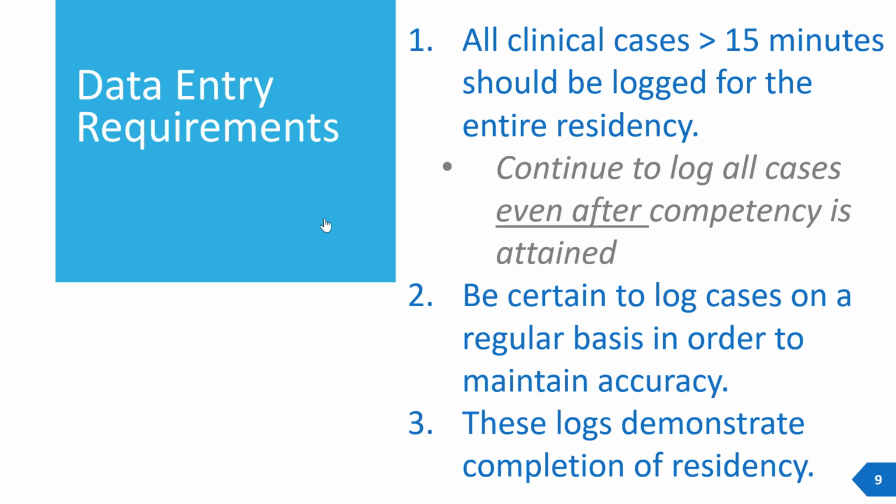Also keep in mind that these logs demonstrate completion of the residency. For example, you may have a scenario where you've completed the prosthetic residency, 365 days have passed, the mentor has submitted all evaluation forms and documented the resident complete for all aspects of patient care, including upper limb prosthetic management. Once all of these forms are submitted, the NCOPE staff will verify and audit the documentation.